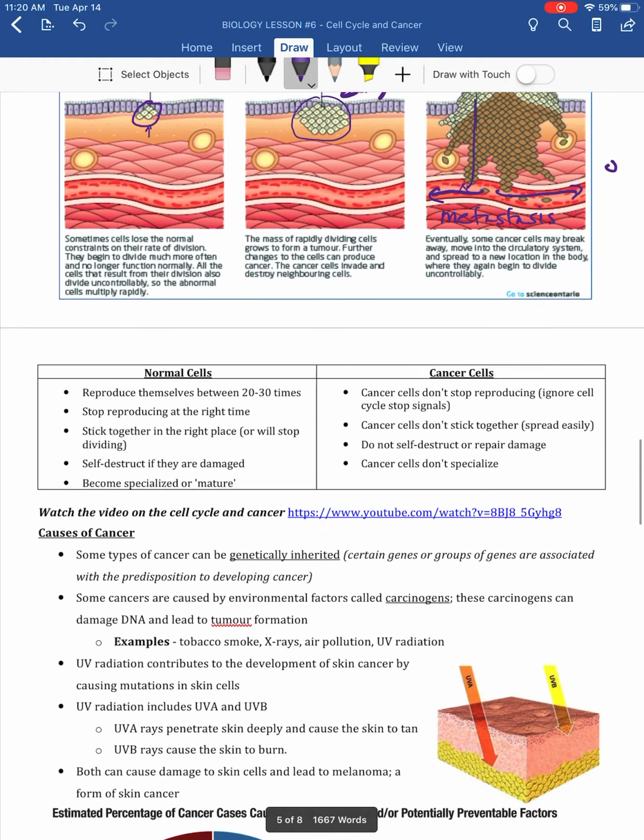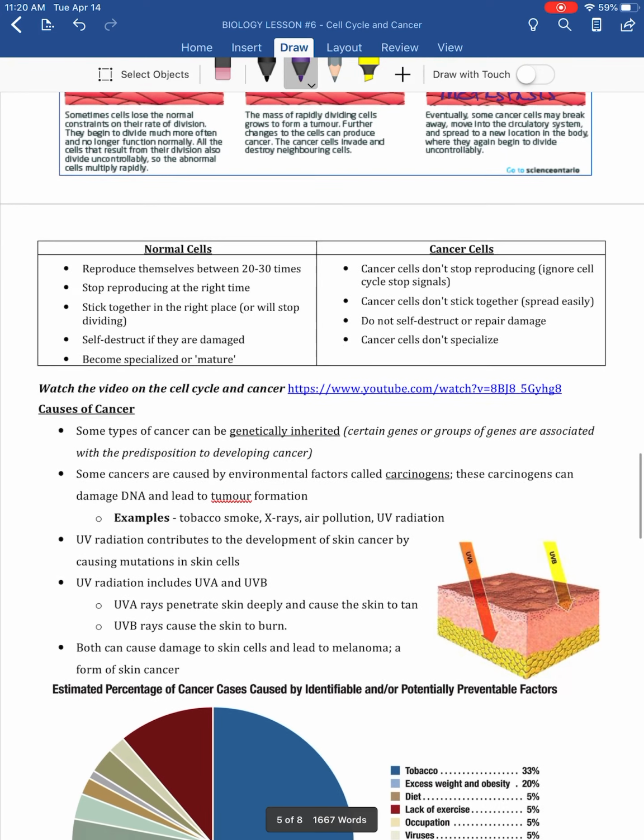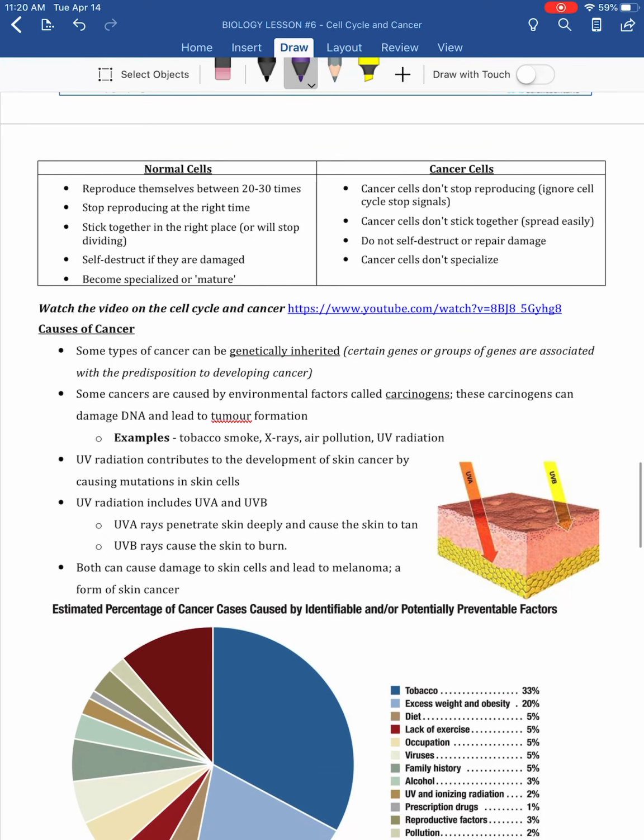So then, here is a table to compare and contrast normal cells and cancer cells. I'll let you read that, okay? But the main thing is that these cancer cells don't specialize. So normally, a normal cell will become an eye cell, a lung cell, a heart cell, a whatever cell. Cancer cells are so greedy, they don't waste any energy becoming something.